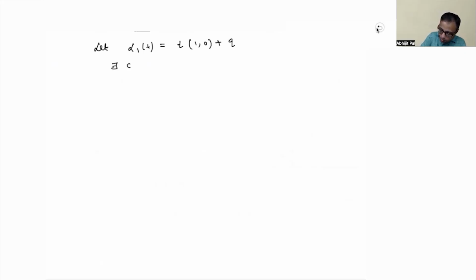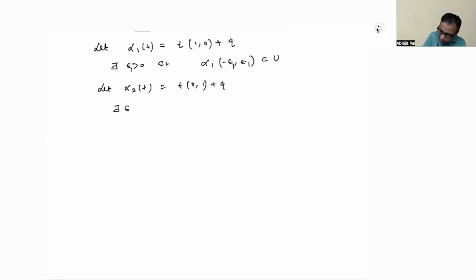There exists epsilon 1 greater than 0 such that alpha 1 of minus epsilon 1 to epsilon 1 is contained in U. Okay, and let us take alpha 2 of t to be equal to (0, t) plus q.